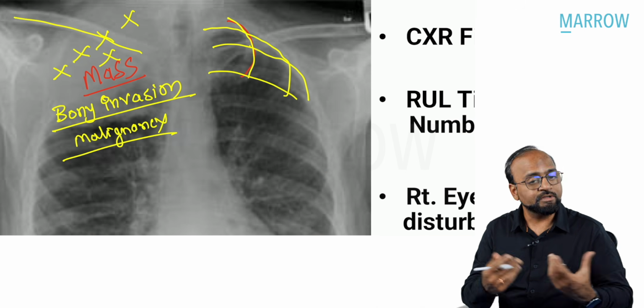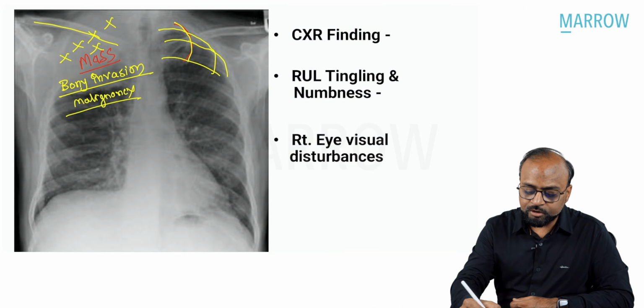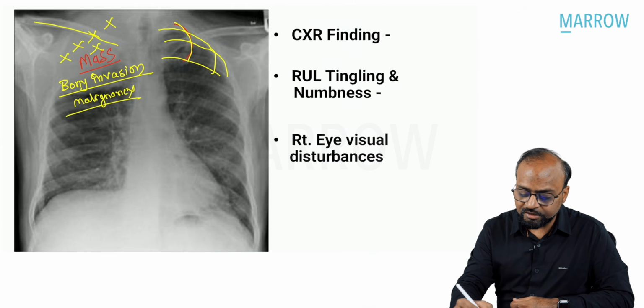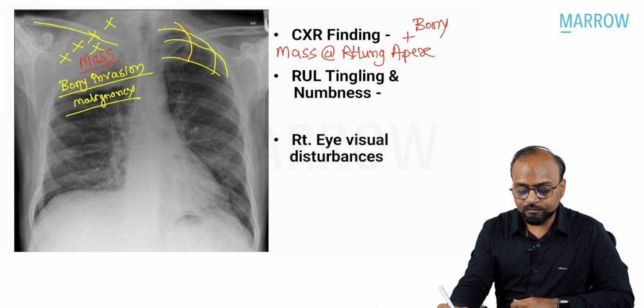That is how a malignant tumor is going to behave. So the chest x-ray findings here are a mass at the right lung apex, along with bony destruction, that is destruction of ribs.